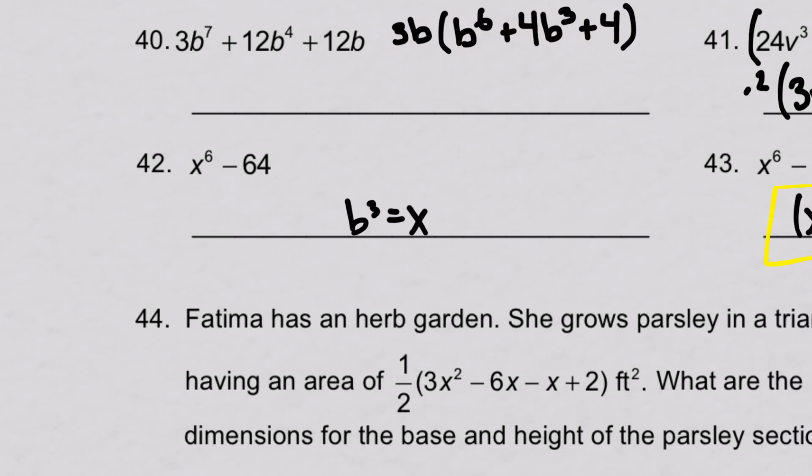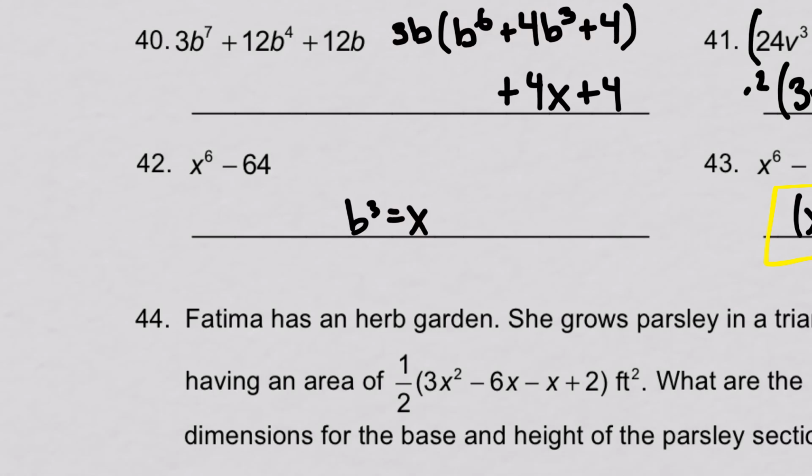So 4b cubed becomes 4x, because I said every time I see b cubed, I'm going to replace it with x. And that single 4 at the end is just 4 because there's no b's or b cubes next to it.